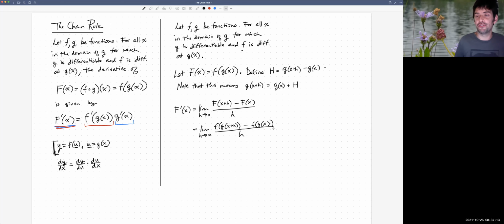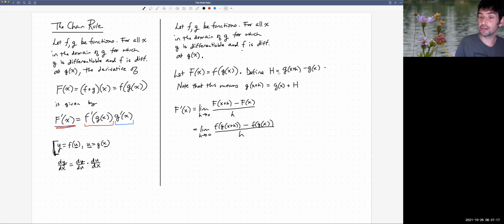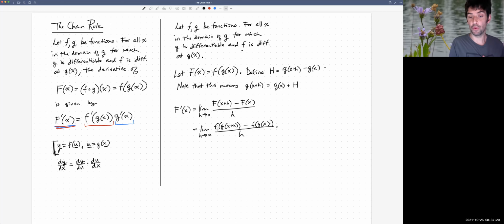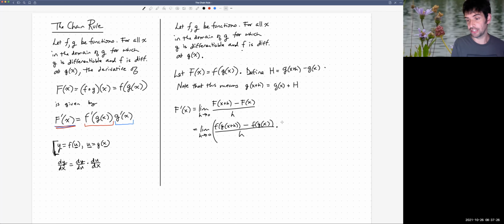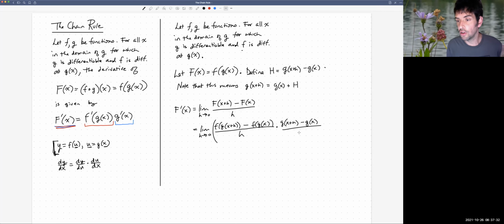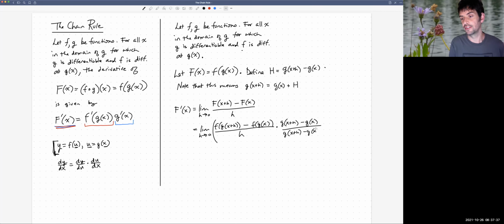I need to get that involved outside of this composition. So I'm going to multiply by 1. This is all happening inside the limit, but the way in which I'm going to multiply by 1 is capital H over capital H, or g of x plus h minus g of x all over g of x plus h minus g of x.